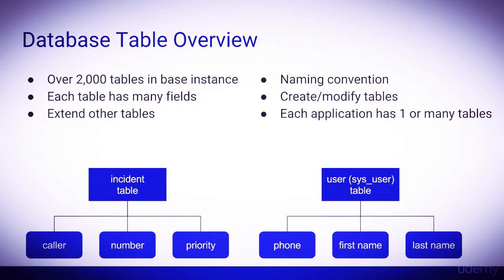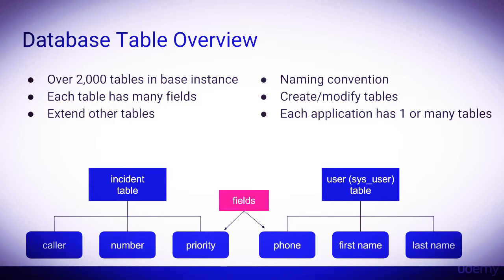Each table in the database also contains many fields. Here we have the caller, number, and priority fields that are a part of the incident table, while the user table has three different fields: phone, first name, and last name.